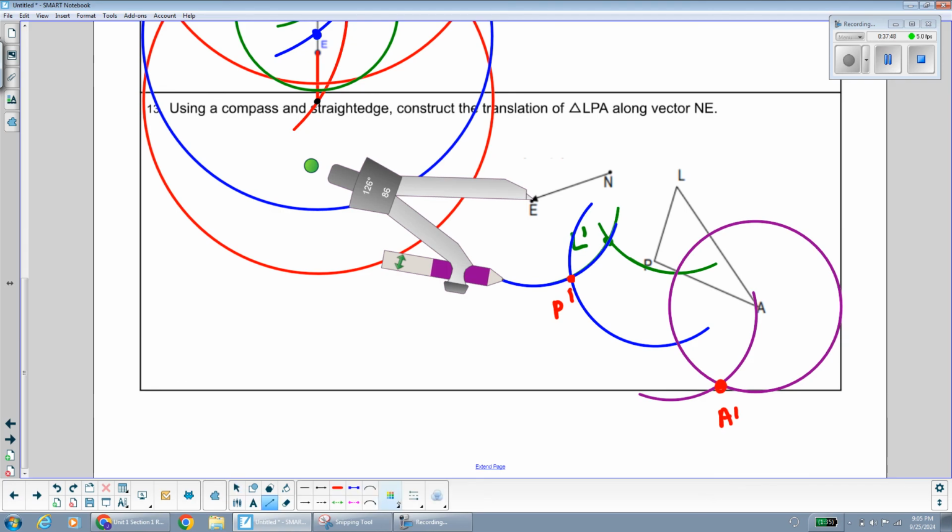And then finally, we'll connect everything together. I did a really bad job of connecting that.